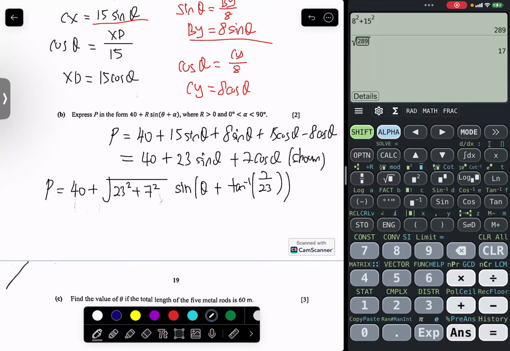So that equals 40 plus square root of 578, sine of theta plus tangent inverse of 7 over 23, in degrees, which is 18.8.